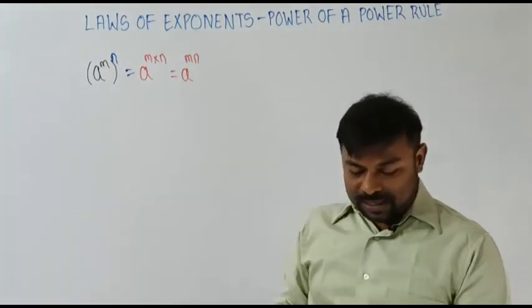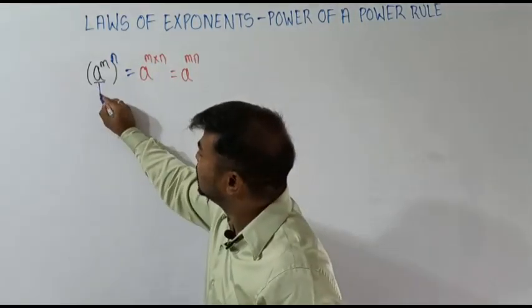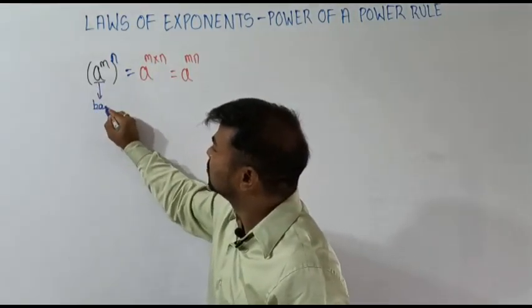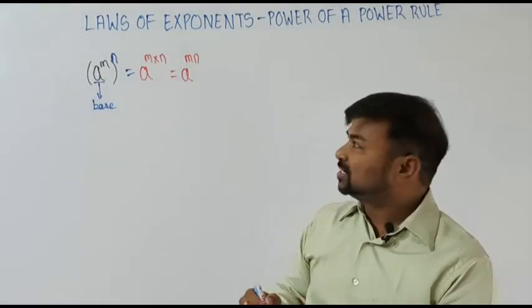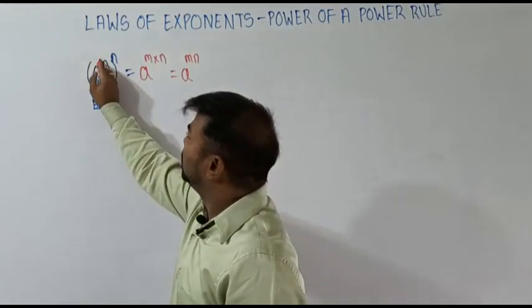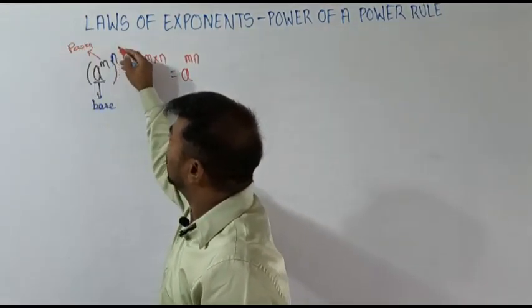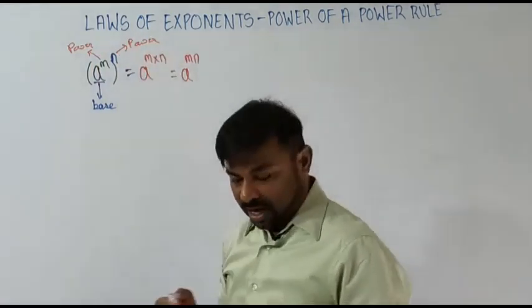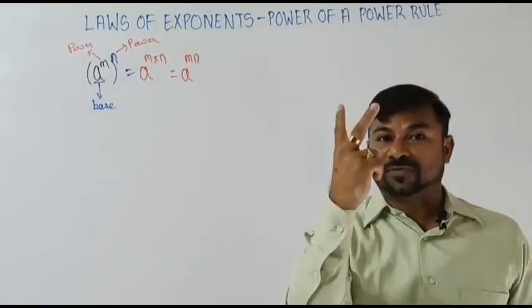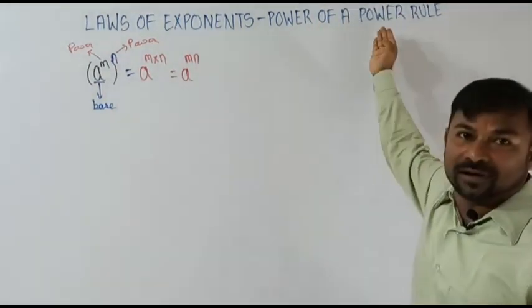All right, I repeat here, as you all know, the a present here is nothing but the base. And this is one of the powers, and we have one more power here. How many powers are you able to see? We are able to see two. That is what we say, power of a power.